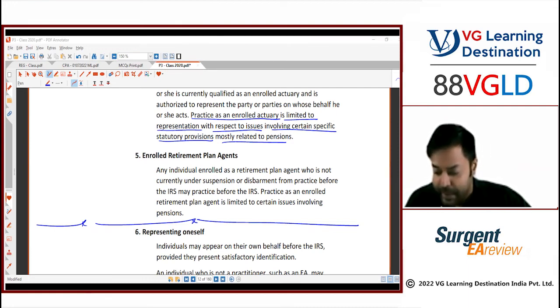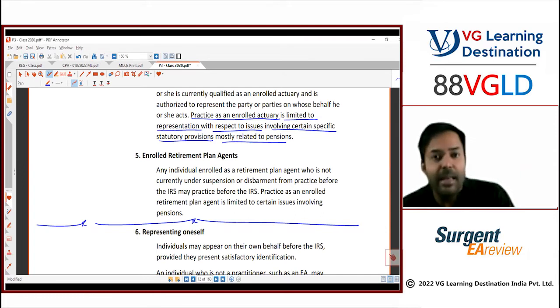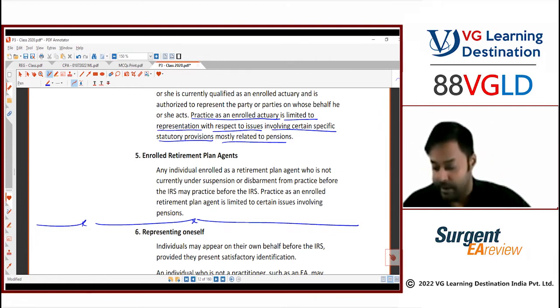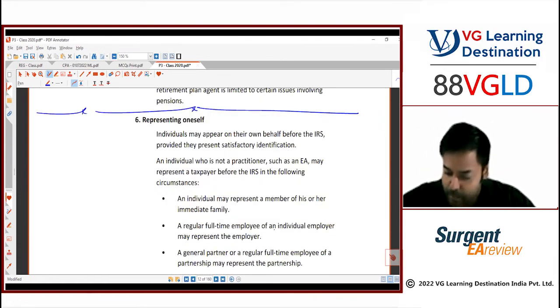Now, it's not necessary that you have to hire someone for doing that, right? That you as a taxpayer you have to hire an EA, CPA, attorney in that case. No, it's absolutely okay that you can represent yourself in front of the IRS also. So that's also allowed. See this, representing oneself.